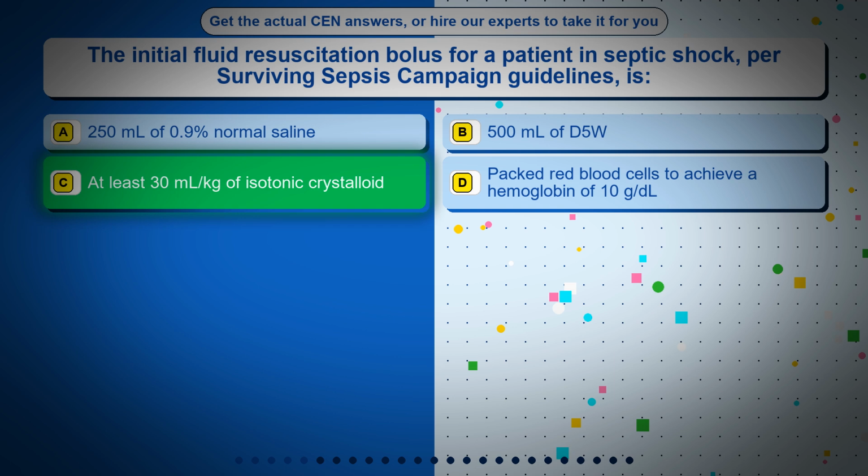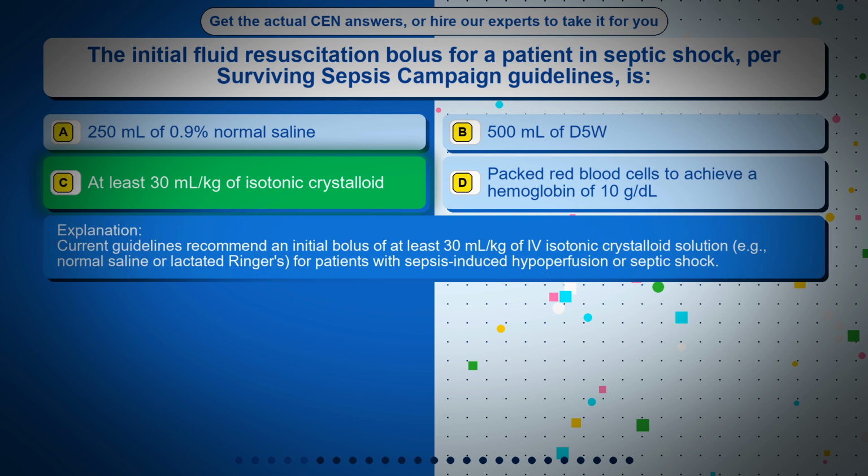The correct answer is option C, at least 30 ml/kg of isotonic crystalloid. Current guidelines recommend an initial bolus of at least 30 ml/kg of isotonic crystalloid solution, for example, normal saline or lactated Ringer's, for patients with sepsis-induced hypoperfusion or septic shock.